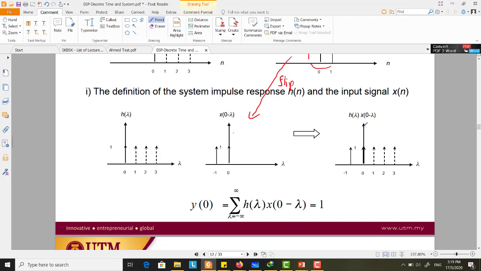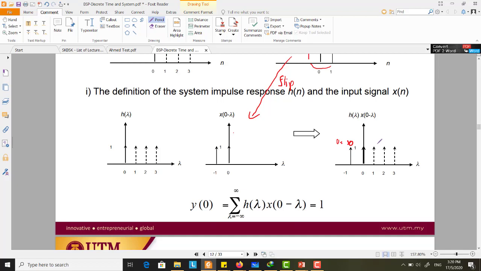So if there is an overlap between that one, then anything multiplied with it belongs to your x, but for h the value is 0. So anything multiplied with 0, you get 0 here. This is also because your hn has a value, but your xn doesn't have a value.